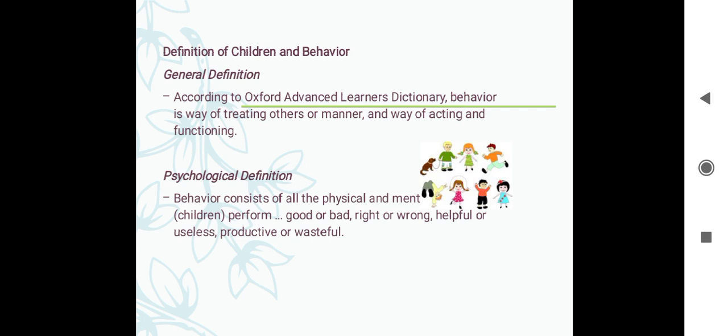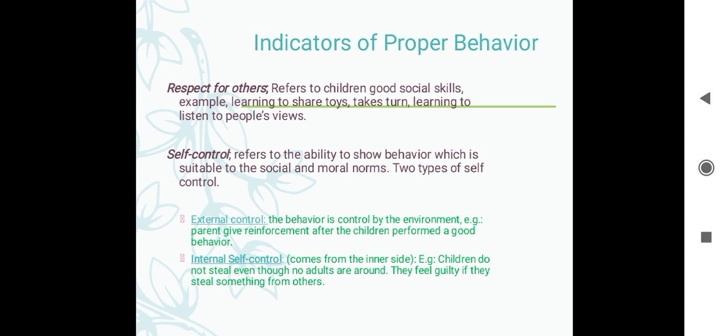It means they are not doing it physically and automatically, but there is a factor of thinking according to psychology. Number 2, the indicator of proper behavior: respect, self-control, and self-control divided into 2, external control, doing good behavior because of the surrounding environment, and internal self-control, doing good behavior because of internal self-control.